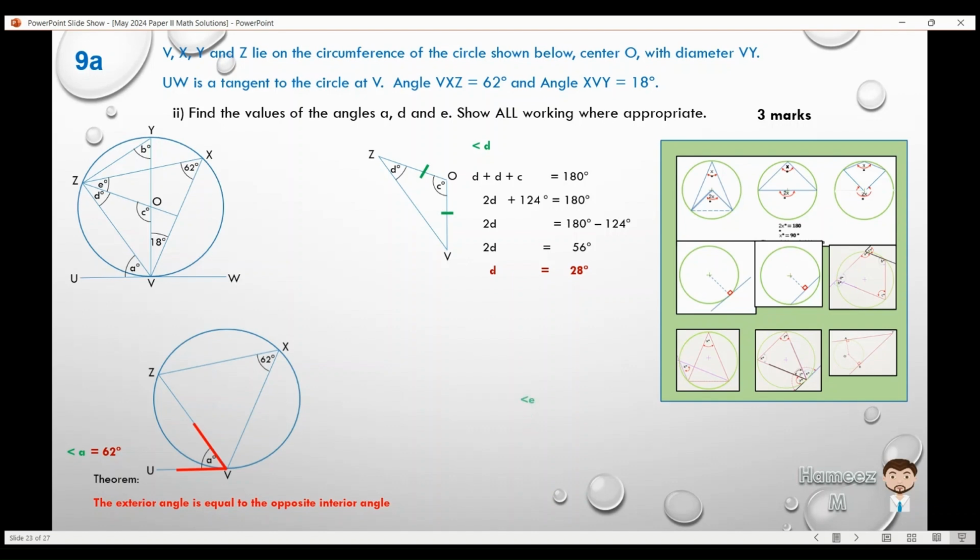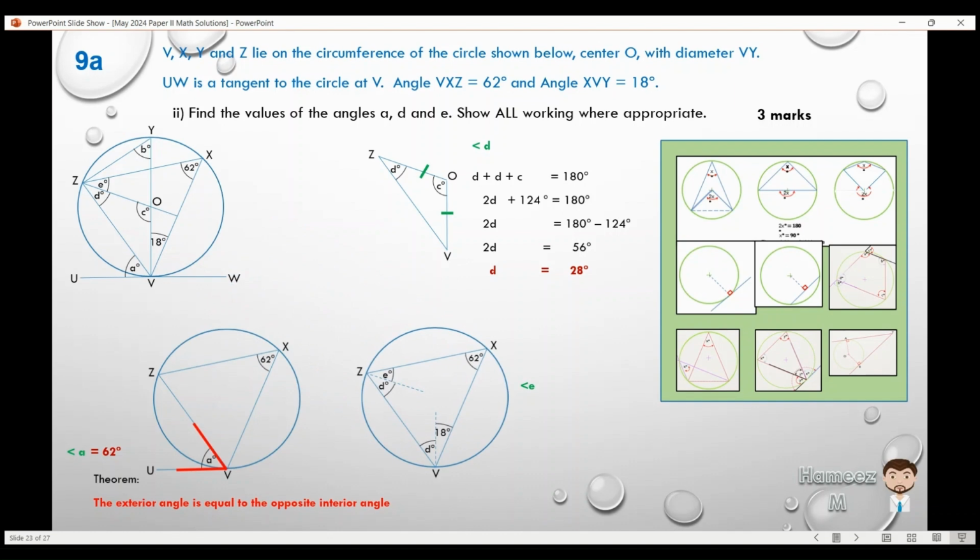Now for the last angle here, E. If we look at angle E and angle D makes up a corner of the large triangle XVZ. So we can pull that out. And we know if we add up all the angles inside the triangle, we'll get 180 degrees.